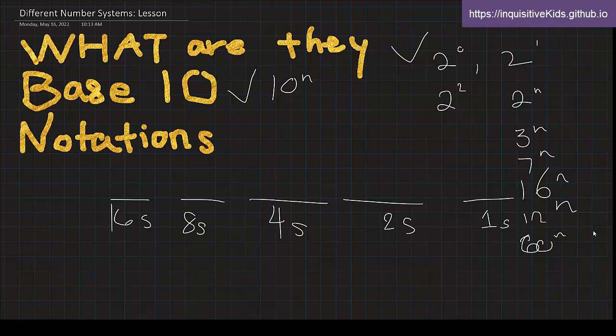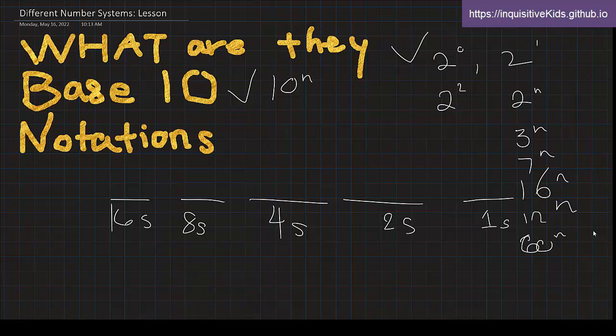Can you guess where it is? If some of you guessed time in clocks, you're right, because every 60 minutes, there's 1 hour. Every 60 seconds, there is 1 minute. So those are all by 60s.